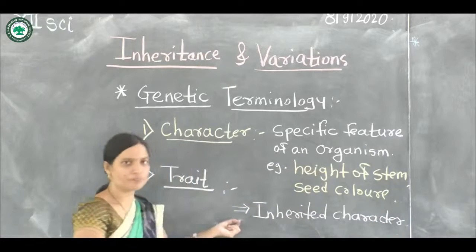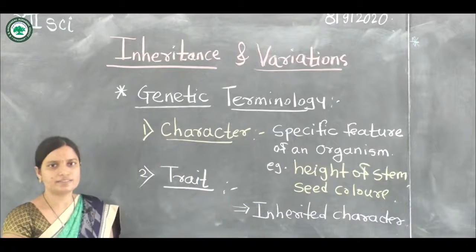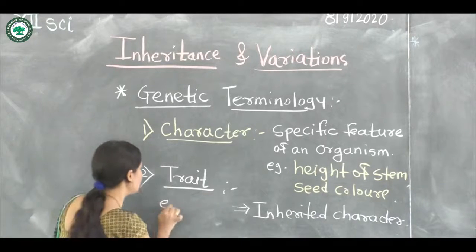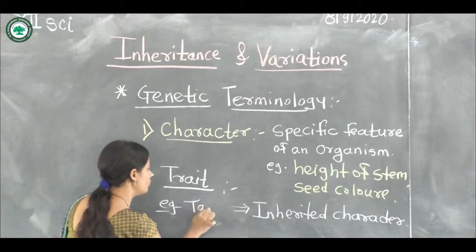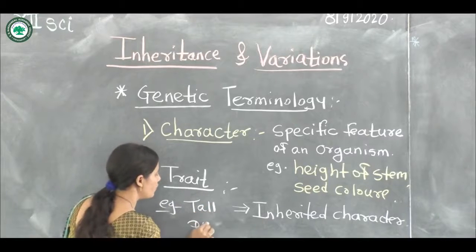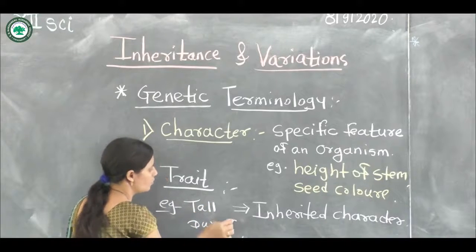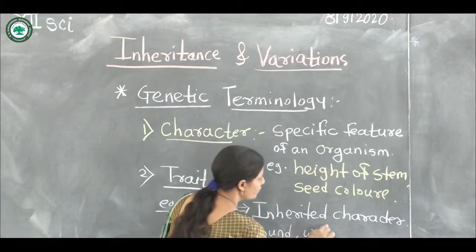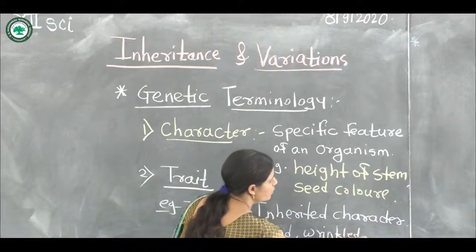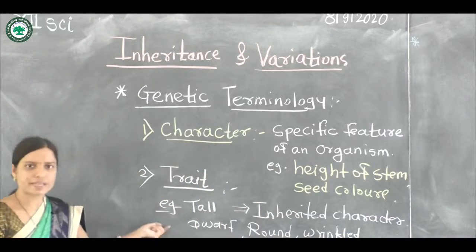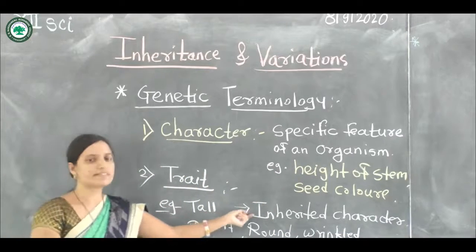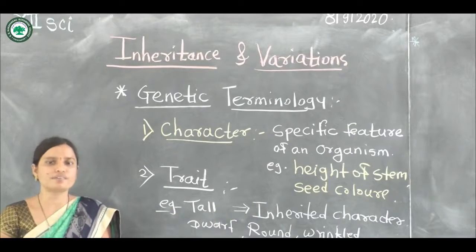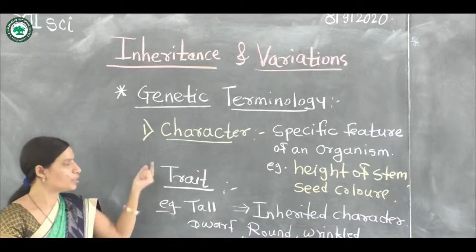For example, tall, dwarf, round, wrinkled. These are some examples of traits. Tall and dwarf are traits.